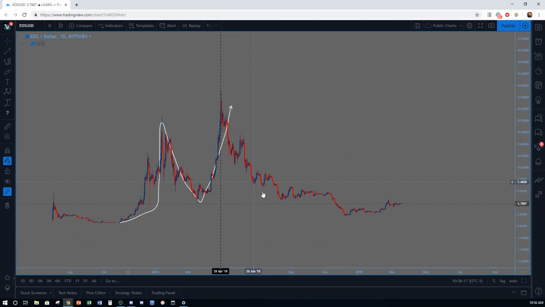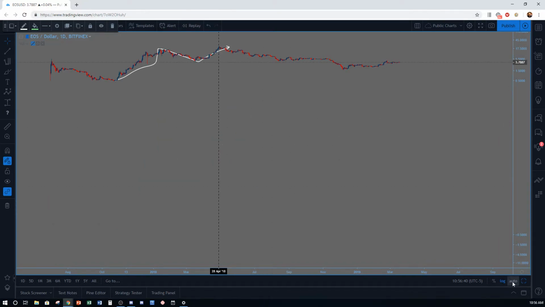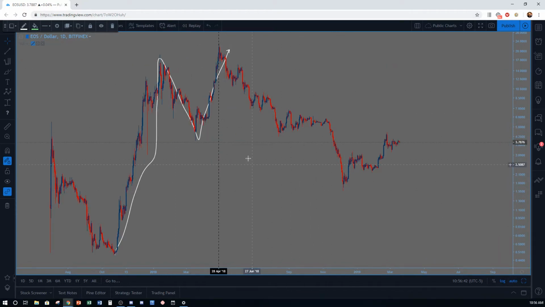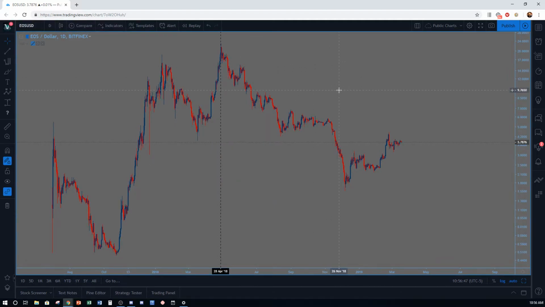But then you have the opposite scenario over here, where in terms of percentage, we got an 80% move and a 75% move, essentially. These aren't exacts. But in terms of price, they're very different. So this move is easier to look at on log than it is on linear.